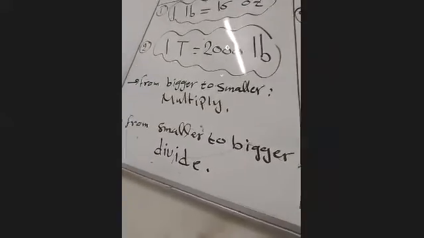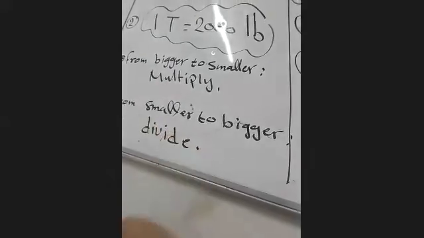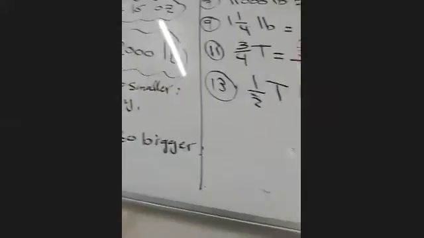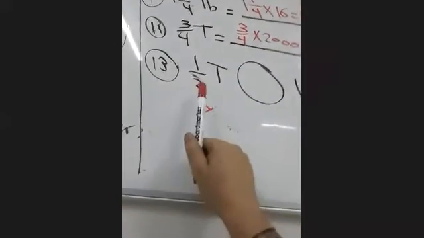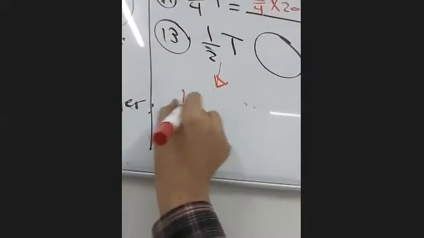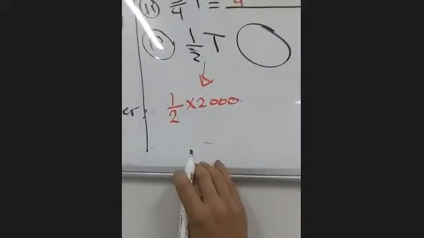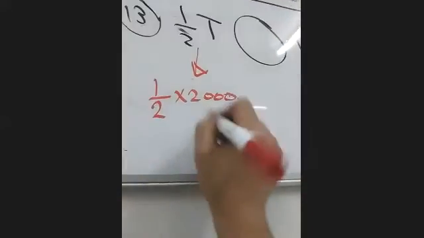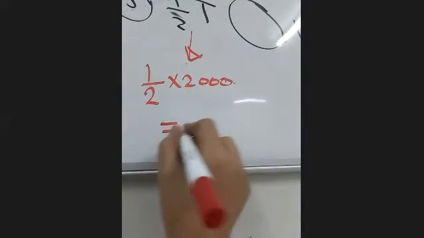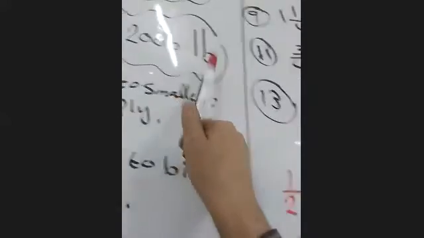No, the ton is bigger than the pound, so by multiply with 2,000. I will turn this number to pounds by multiplying the half by 2,000. This is over 1. Make multiply. It will be 1,000 pounds.